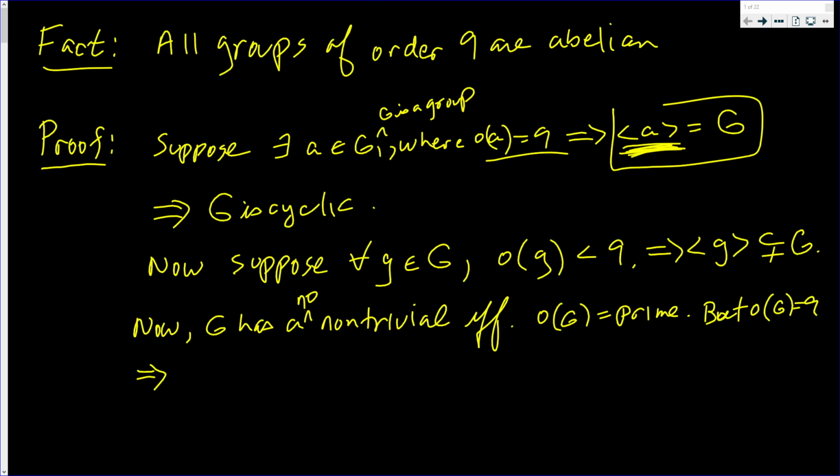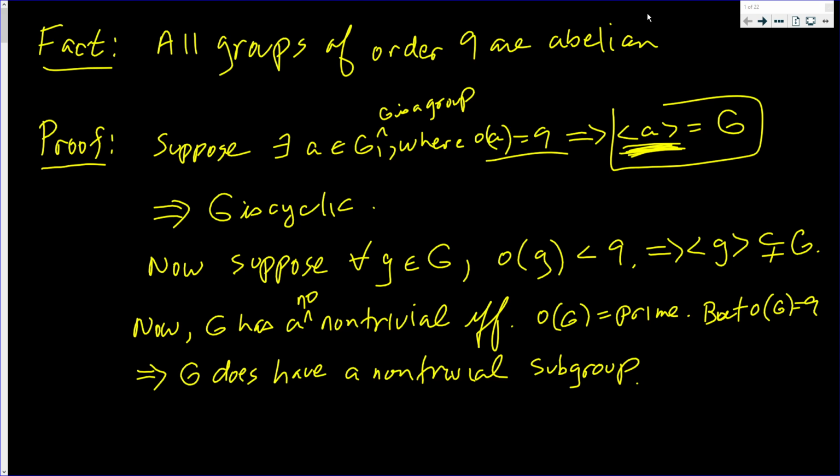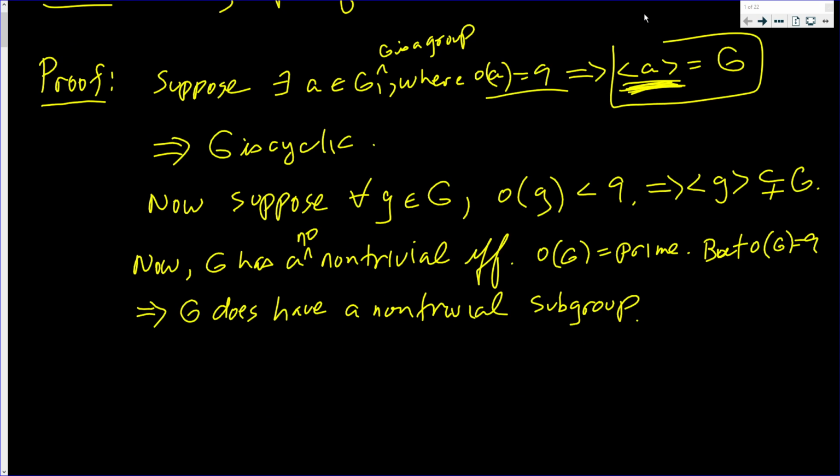That implies that G does have a non-trivial subgroup. A trivial subgroup is the subgroup that just contains the identity element, and the other is the group G itself. So this has a non-trivial subgroup because the order of G is not prime.